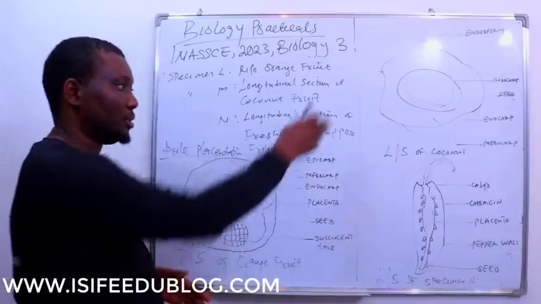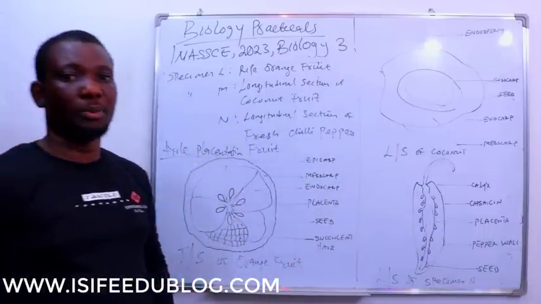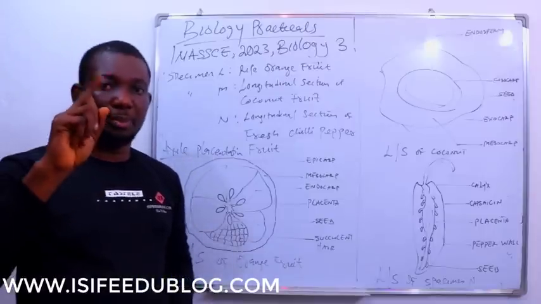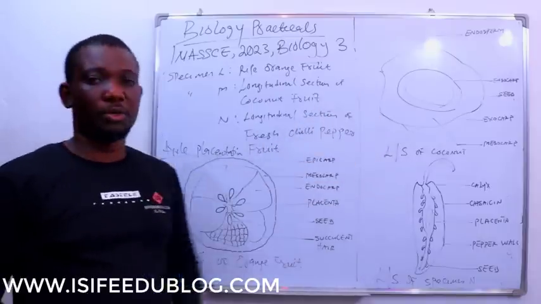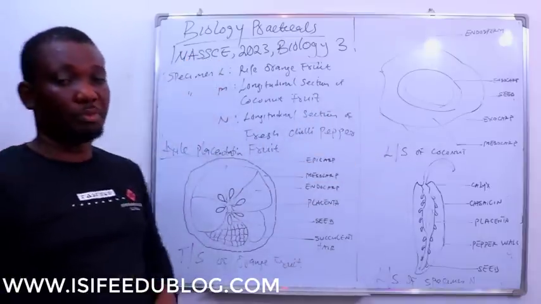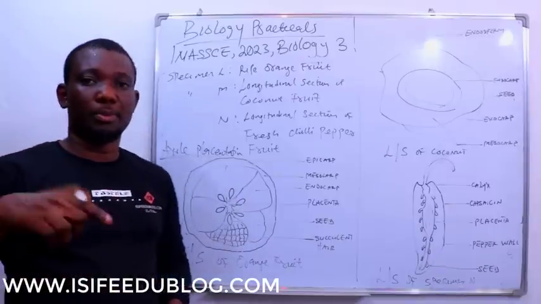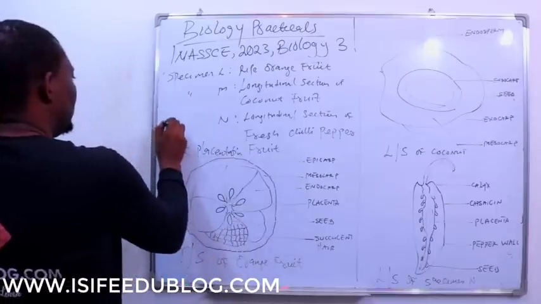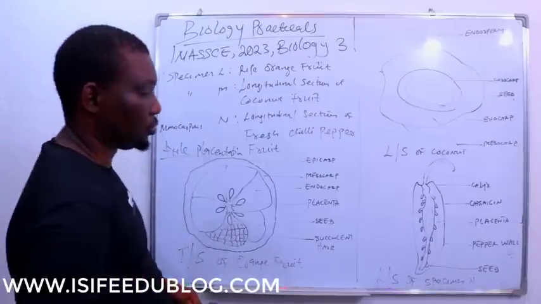Because these fruits, both L and N, are formed from a monocarpous flower, a single carpel flower. That's why they are true fruits.